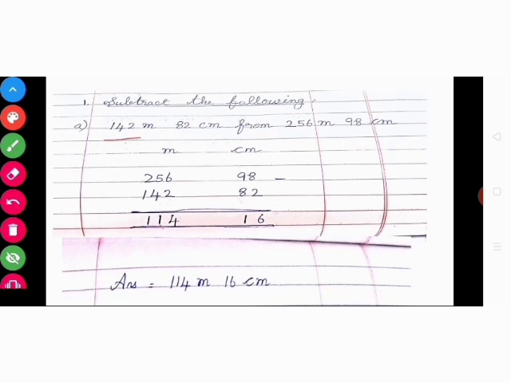After that 142 meter 82 centimeter. Now do the subtraction. 8 minus 2 is 6. 9 minus 8 is 1. 6 minus 2 is 4. 5 minus 4 is 1. 2 minus 1 is 1. So your answer is 114 meter 16 centimeter.